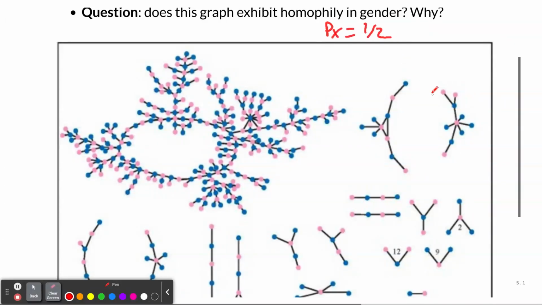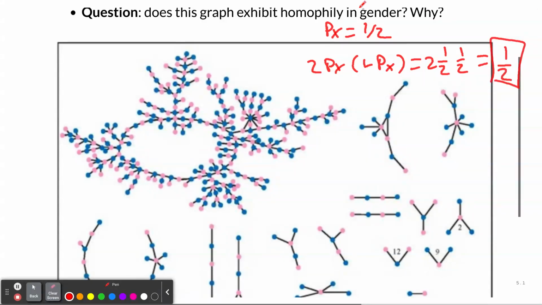And so what we would expect is 2px times (1 minus px), which is equal to 2 times a half, which is just 1/2. So that is the proportion of cross-gender matches we would expect to see if there was no homophily active.